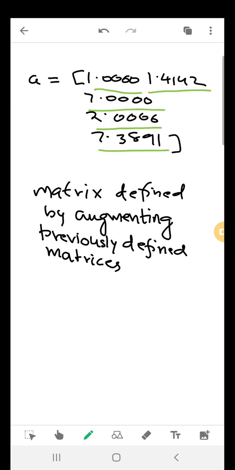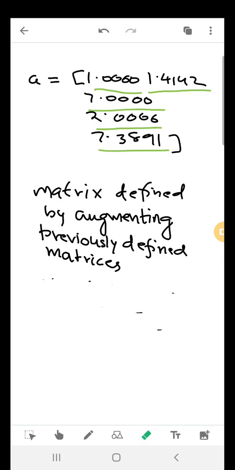For example, the matrix X we have defined earlier, sorry, this is not the matrix.